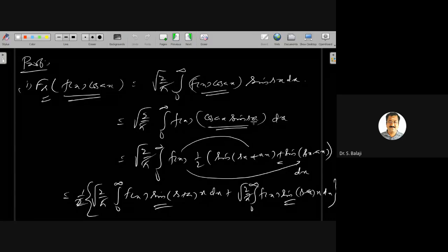Now cos ax sin sx is of the form sin A cos B, which can be written as 1 by 2 of sin of A plus B plus sin of A minus B. So that is equal to root of 2 by pi, integral 0 to infinity of f of x, 1 by 2 of sin of (s plus a)x plus sin of (s minus a)x.